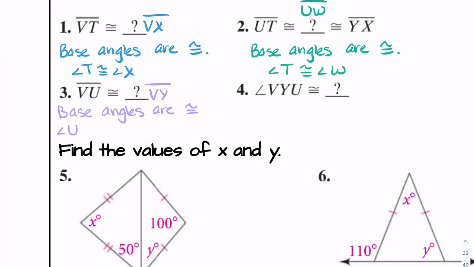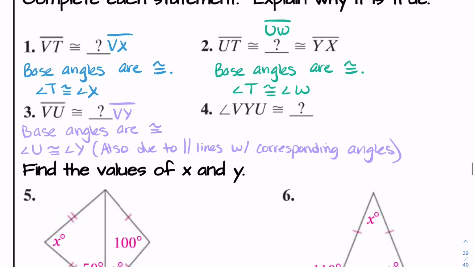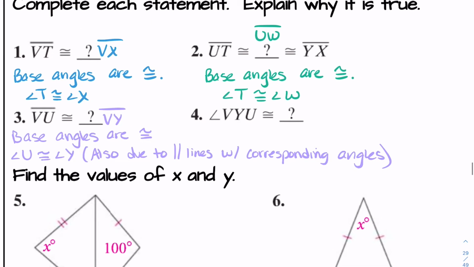Angle U is congruent to angle Y. Also two parallel lines with corresponding angles. That came from what we stated earlier.